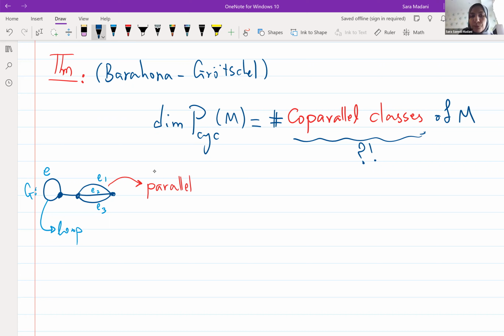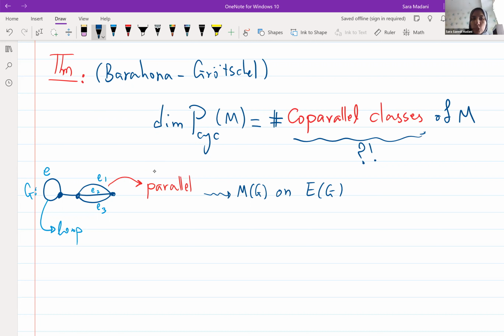But we have a bridge to go from graphs to matroids. And one of these bridges is the graphic matroid. If I look at the graphic matroid of this graph G, let's see what these elements E, E1, E2, E3 are, because we know that this graphic matroid is on the ground set E, the edge set of the graph.